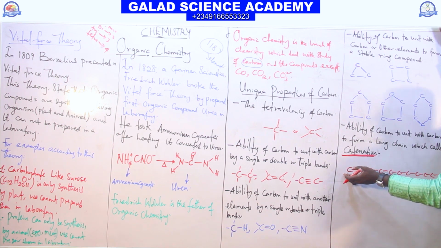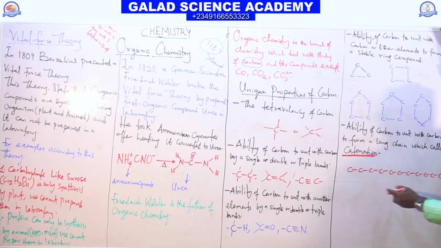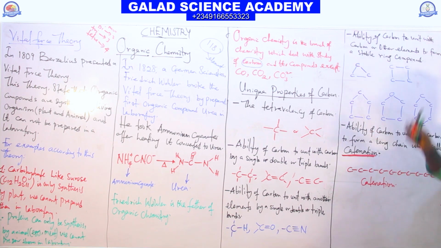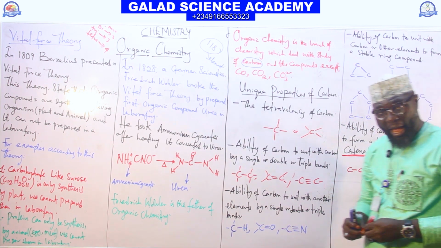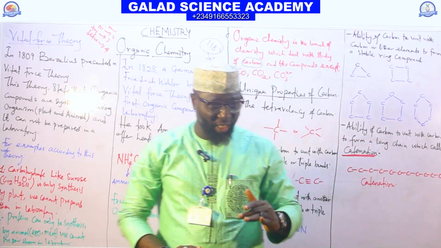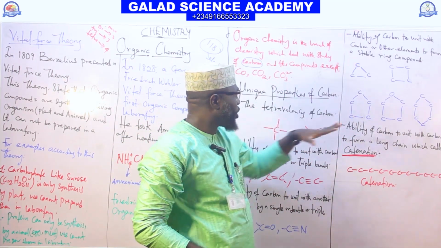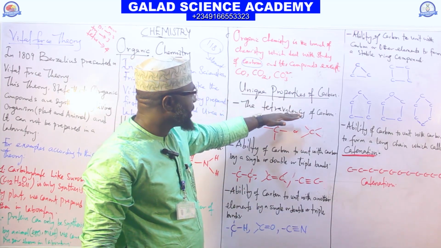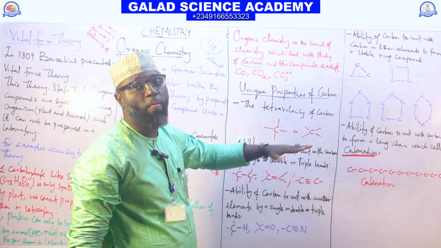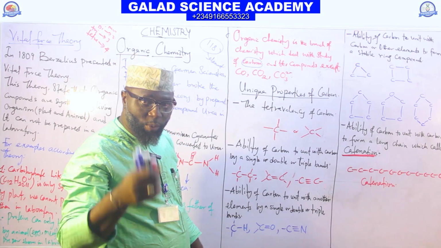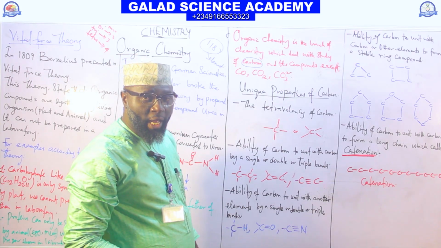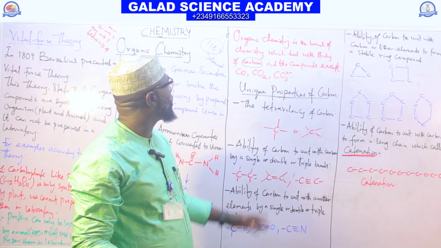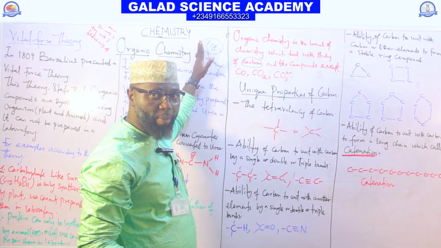The tendency of carbon to form a long chain like this, we call it catenation. So these are the common and necessary unique properties of carbon that make carbon unique, and that is why we study carbon in organic chemistry.